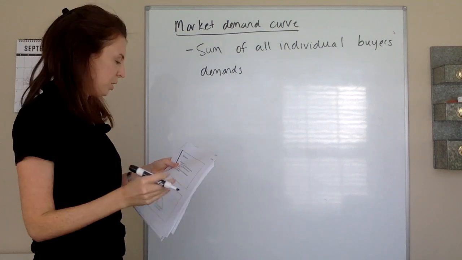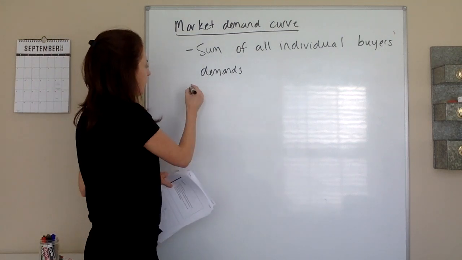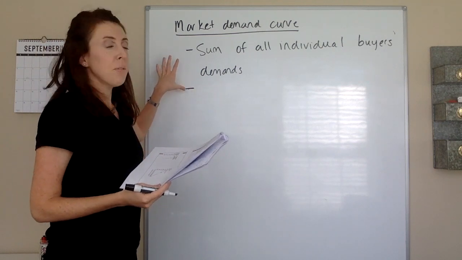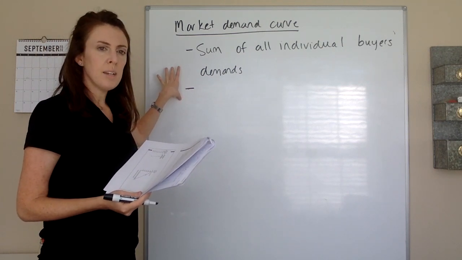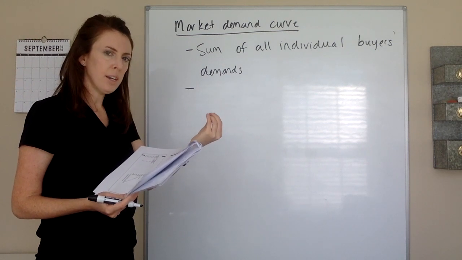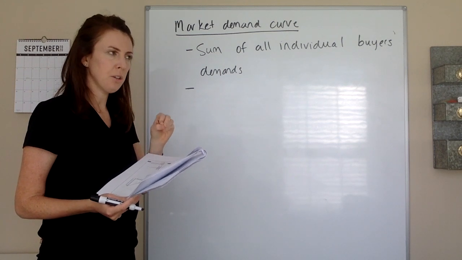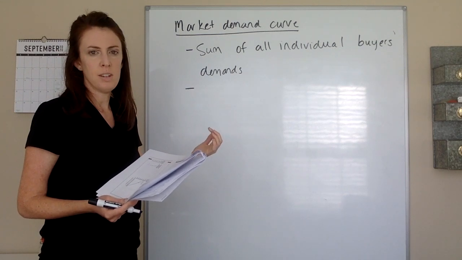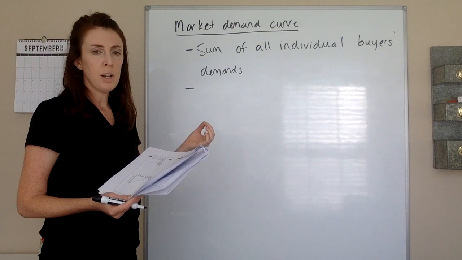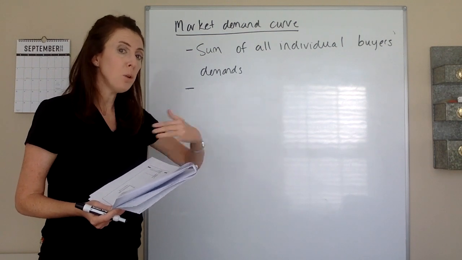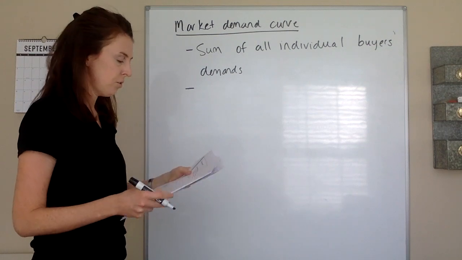So again, we're thinking about one particular market. Another way of thinking of this is the market demand is how much everybody in aggregate would demand as a quantity if you had a price at a particular level. So for example, let's say the price of t-shirts is $15. The market demand curve would tell you how many total t-shirts people demand across all people at a price point of $15.